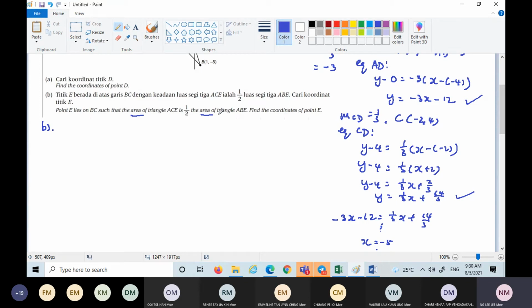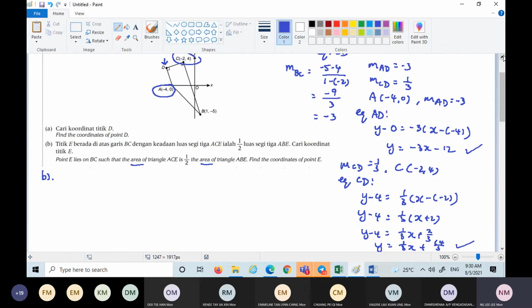You can use that, but the problem is you are confusing yourself with putting the modulus. Actually, you know already the point E is somewhere here. Is it correct? ACE is half, so it's smaller. Point E is somewhere here.